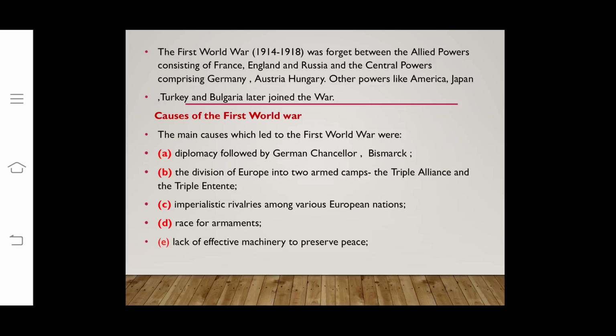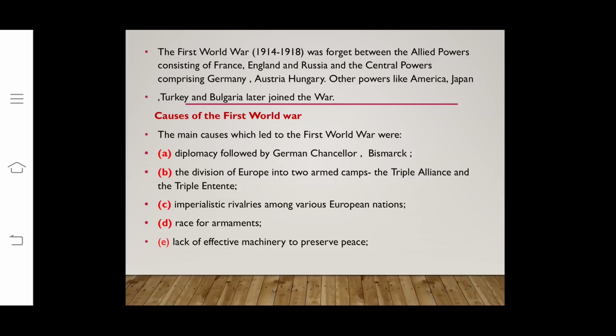Division of Europe into two hostile groups. There were two kinds of states in Europe in the early 20th century. On the one hand, there were single nation states like France, Holland, Germany, whose national identities were based on their common language and traditions. On the other, there were imperial states like the Austria-Hungary Empire or the Russian Empire.